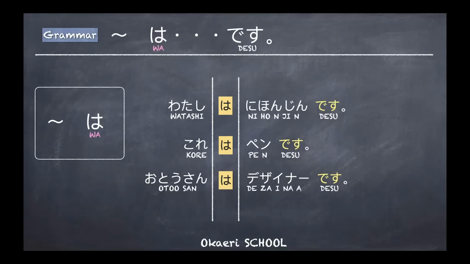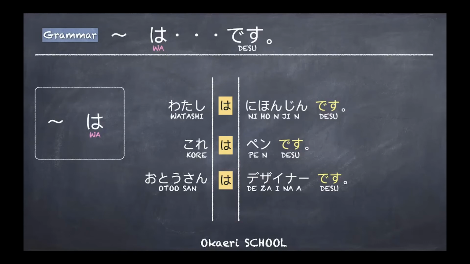Another point you have to be careful of is that usually we have to pronounce each word with consonant and vowels, like it should be desu, watashi wa nihonjin desu. But we say this all the time, so the last u vowel is usually dropped. So we sound like watashi wa nihonjin desu, desu instead of desu.